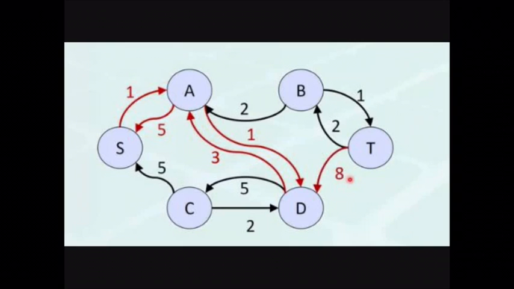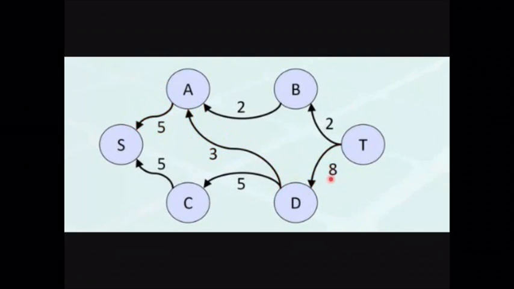There is no reverse arc between D and A, so we need to add a reverse arc and the capacity is 3. There is already a reverse arc from T to D and its capacity is 5. So 5 plus 3 equals 8. So this is a residual flow network.